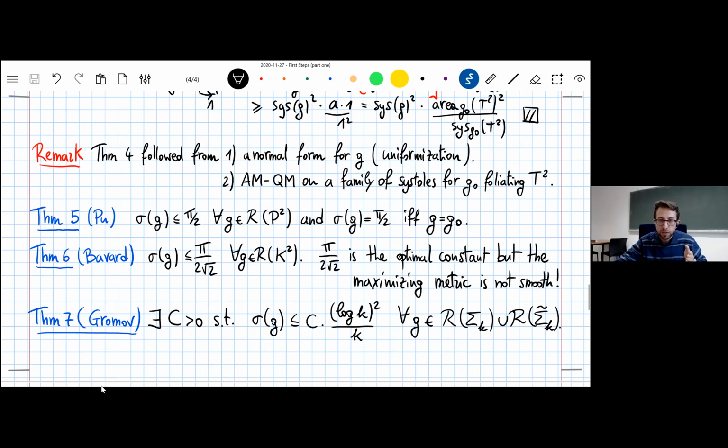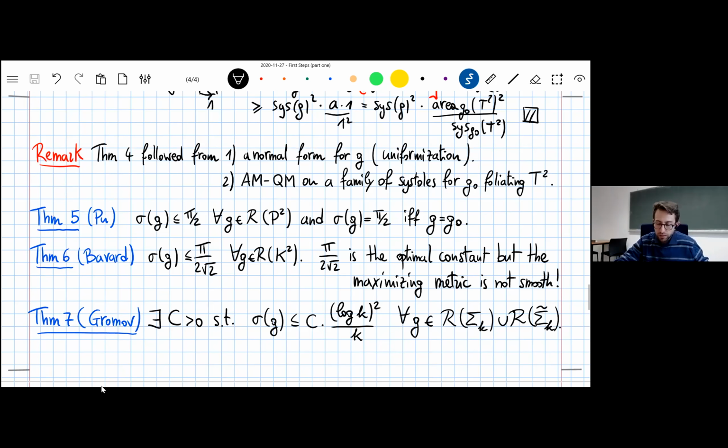You know that the optimal constant is pi over 2, and the optimal metric is unique, again, given by the metric with constant curvature. Also in this theorem, the technique is the same: if you look at the remark, you can use the same technique for proving Pu's theorem once you know how to prove Loewner's. And then you can still go on.